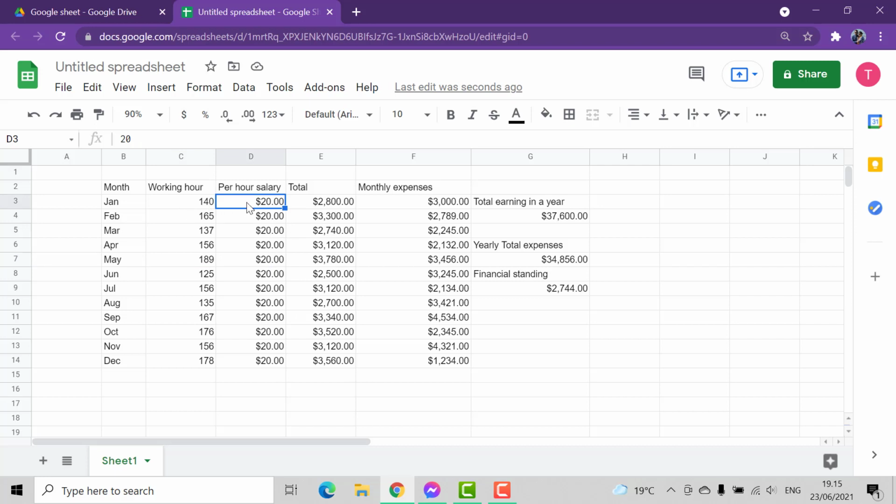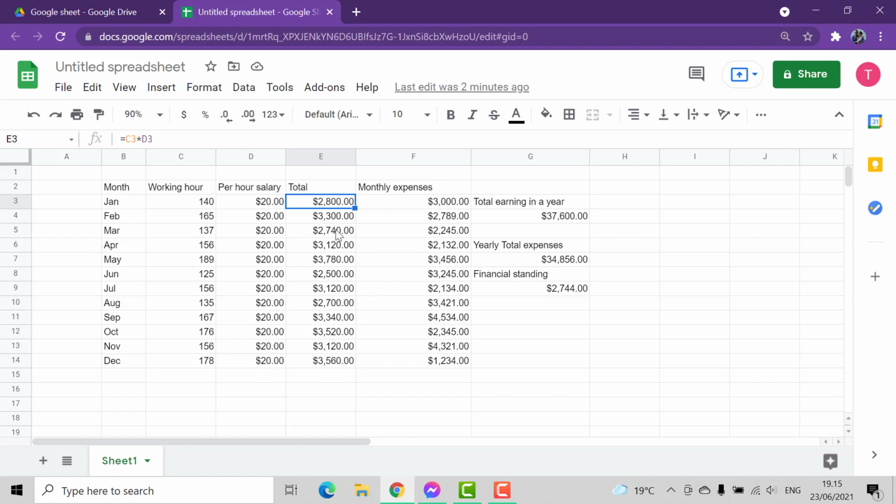So how do you know what your January salary is? This will be working hours multiplied by salary, right? So this here we have done. If you look at the formula, it is done in that way. So your salary is your working hours multiplied by your per hour salary, and then $2,800 in January.